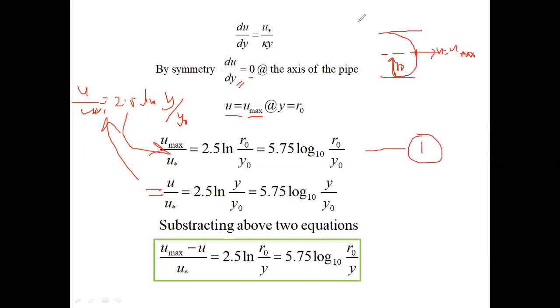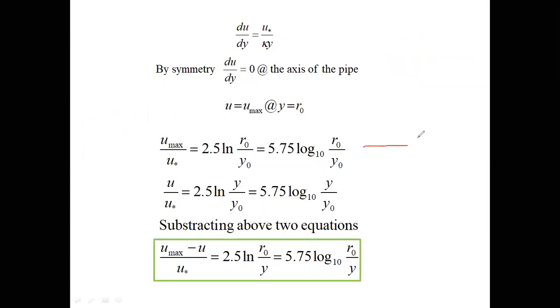I will clear all the drawings. Say this is equation number one. This is equation number two, right? Then from 1 minus 2, you can get u max minus u divided by u star equals 2.5 ln r naught over y, or 5.75 log 10 r naught over y.